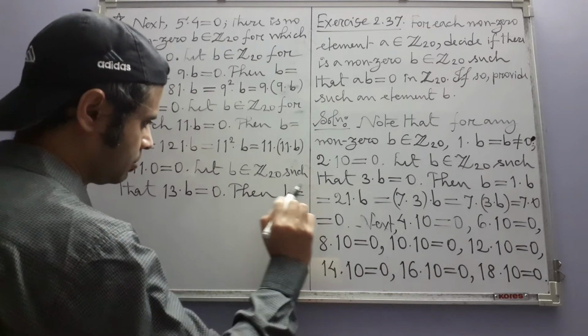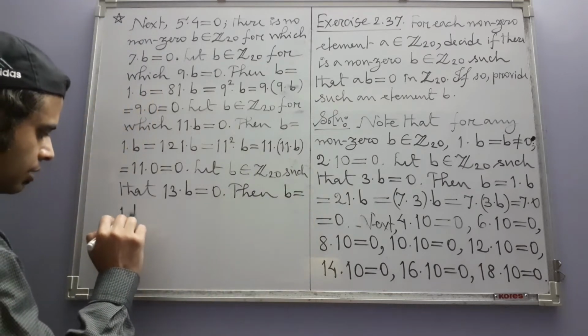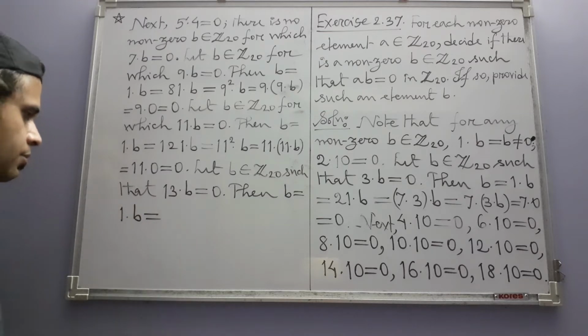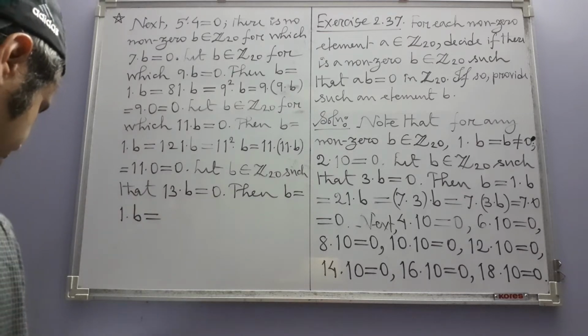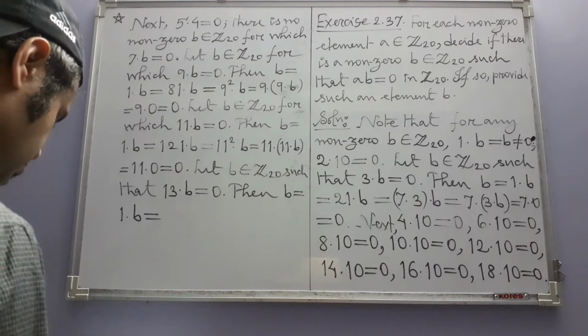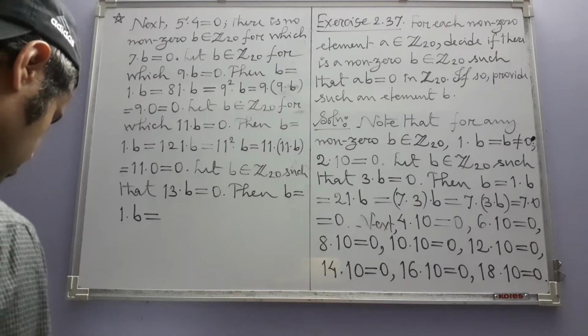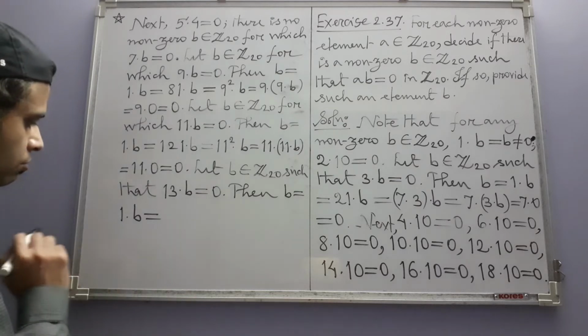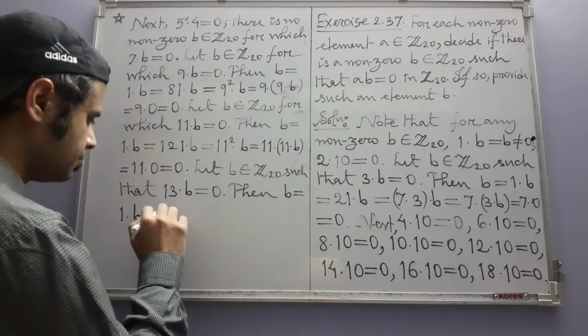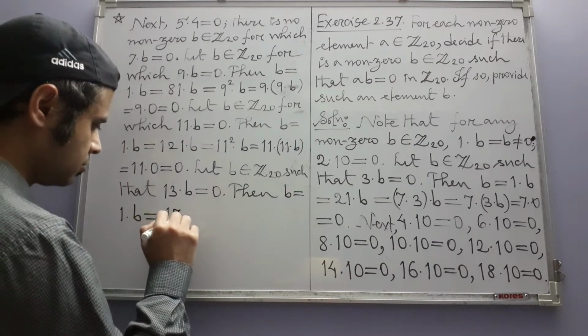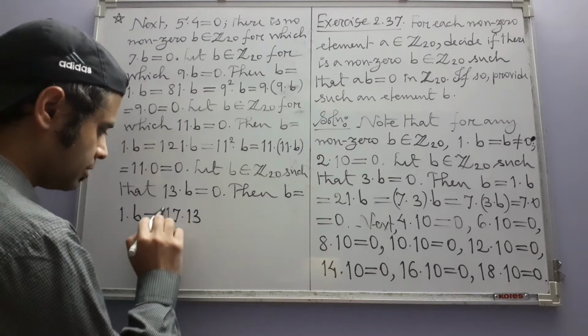Then b is equal to 1 times b, and in this case one is congruent to 17 times 13.